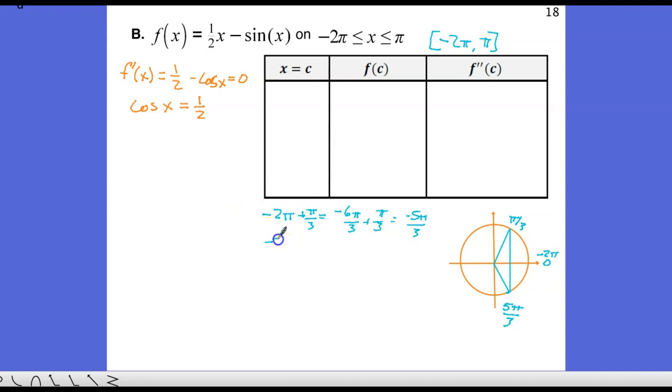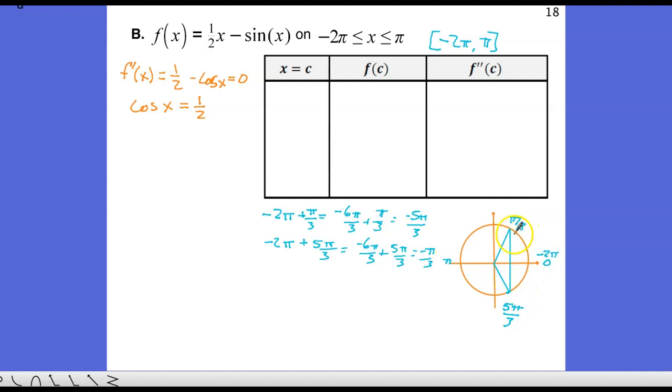So let's add 5 pi over 3 to negative 2 pi, and that's negative 6 pi over 3 plus 5 pi over 3, which is negative pi over 3. So this angle, starting at negative 2 pi, becomes negative pi over 3. And then I'll keep going because remember, pi is where I can end.